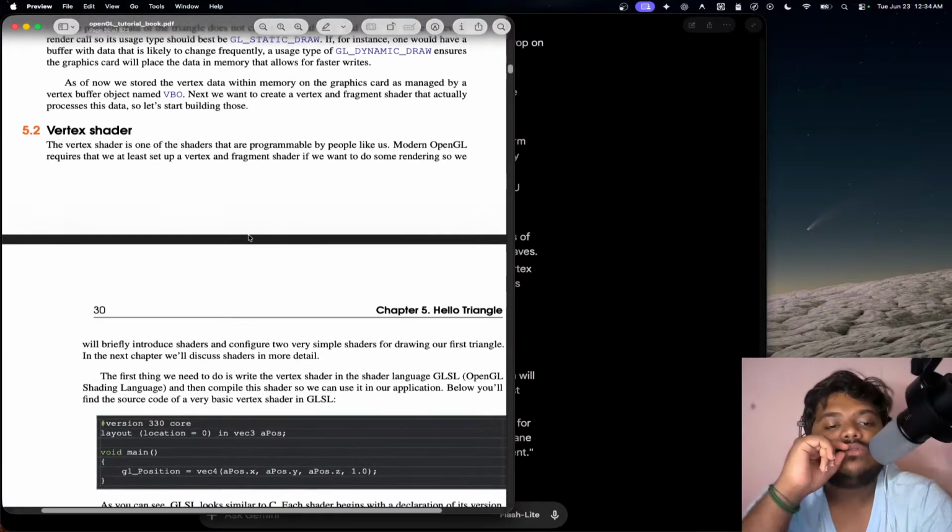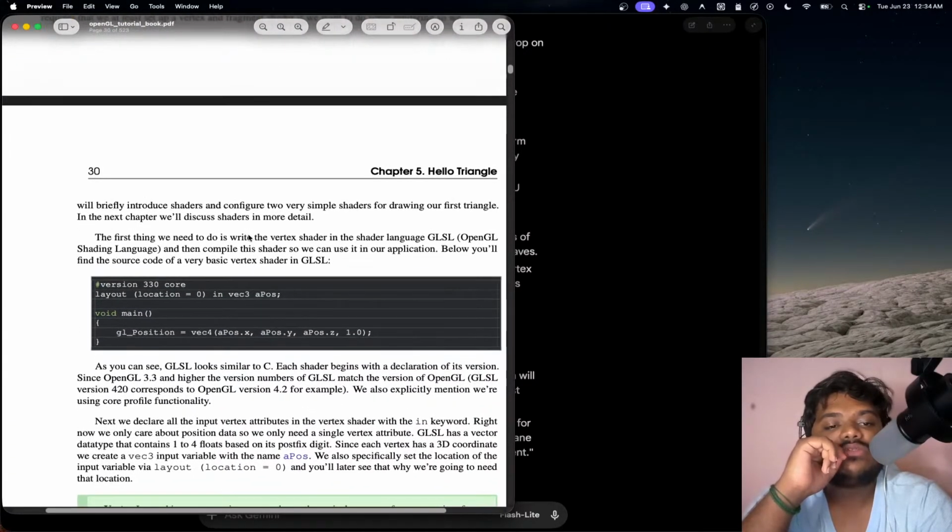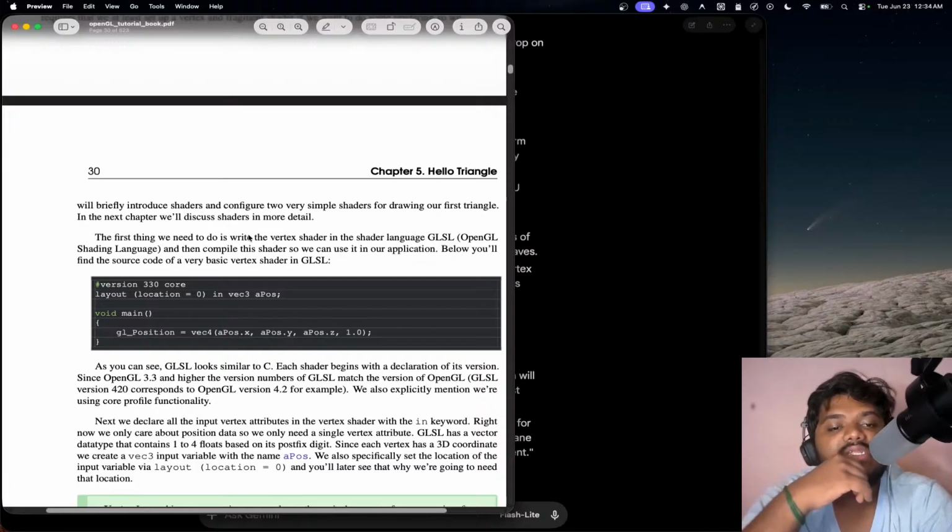So we will briefly introduce the shader and configure two very simple shaders for drawing our first triangle. In the next chapter we will be discussing shaders in more detail.